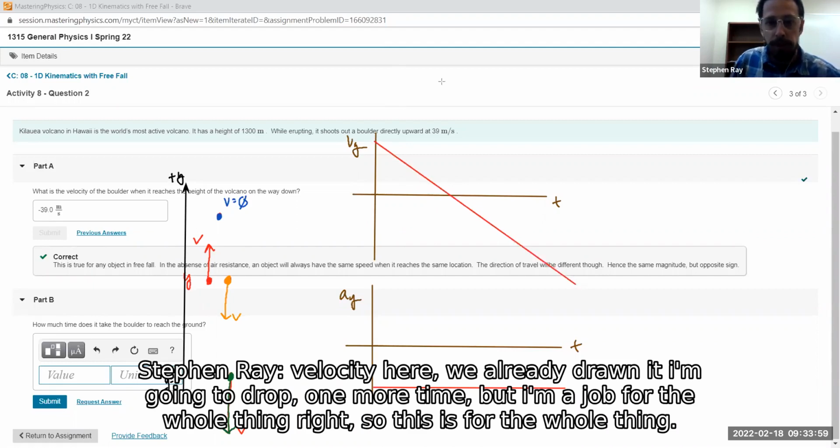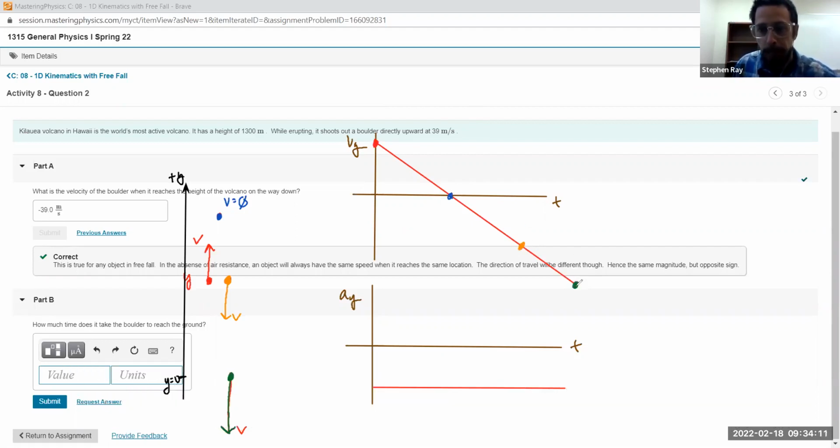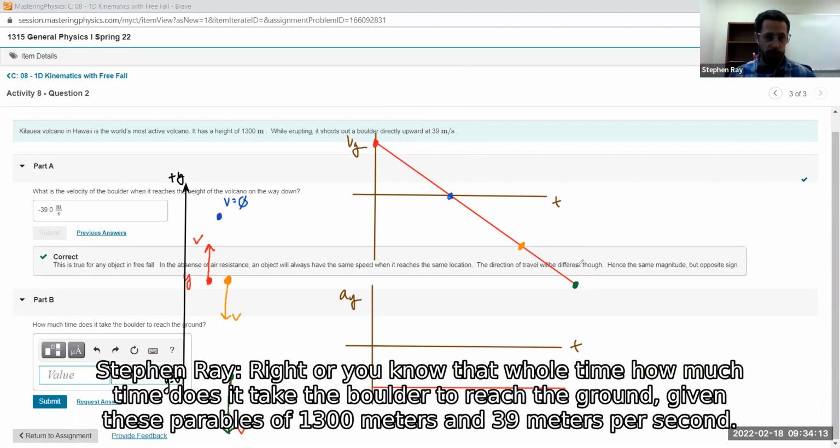So this is for the whole thing, where up here at the top, this would be where red is. Then we have blue right here. Orange would be right that same magnitude, opposite direction, and then I'm down here at the green. I want to know the total time. How much time does it take the boulder to reach the ground, given these variables of 1,300 meters and 39 meters per second?